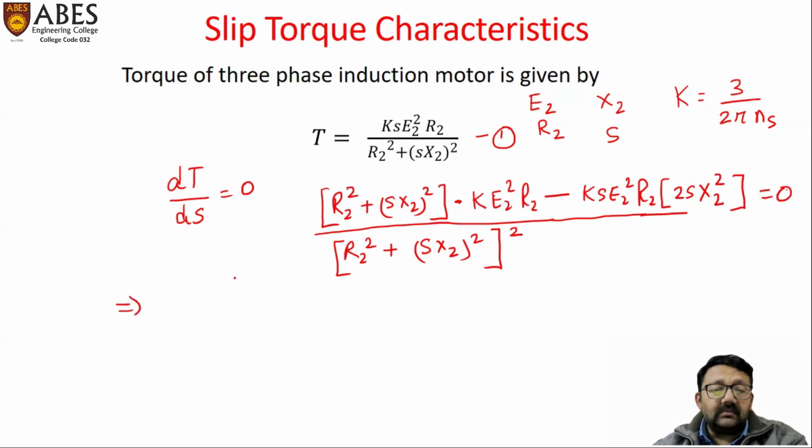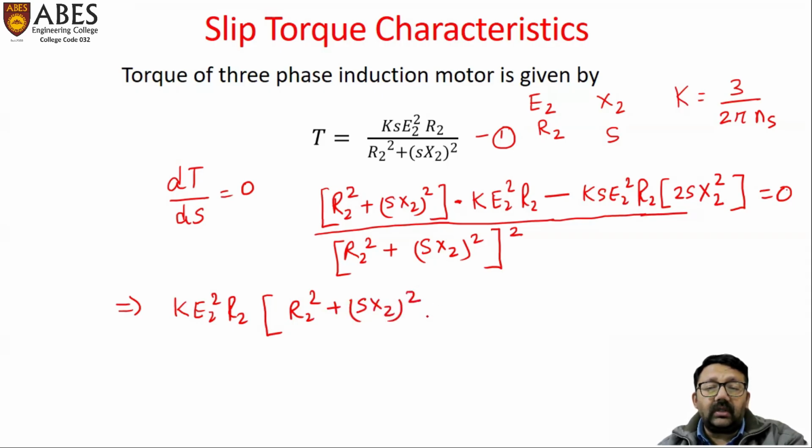On further solving, taking the denominator and cross multiplying, it reduces to 0. And in the numerator, taking the common term K E2 square R2, what we get is R2 square plus (S X2) whole square, minus, here S multiplies and we get twice of S X2 square, is equal to 0.